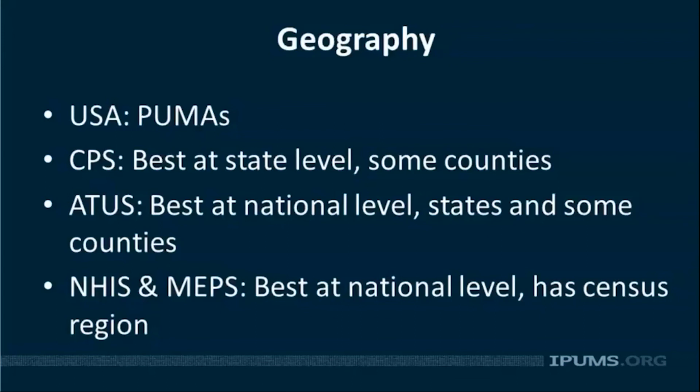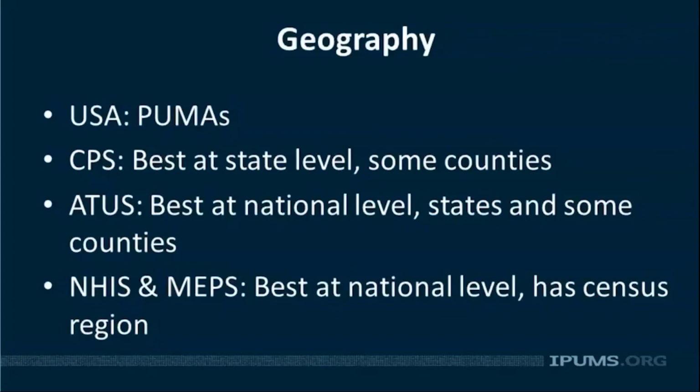PUMAs are geographic groupings defined by the Census Bureau that encompass at least 100,000 people. These geographic groupings change over time, and in some years may even cross state boundaries. IPUMS provides harmonized versions of these geographic units.